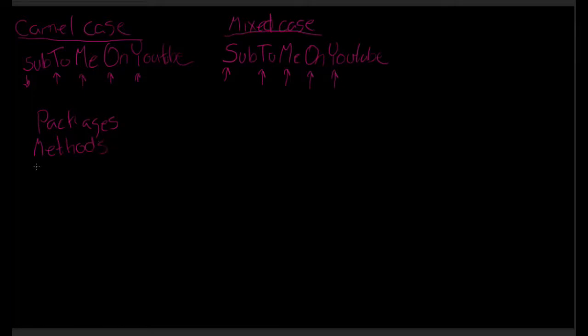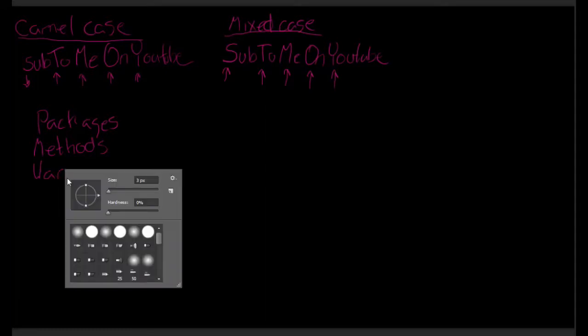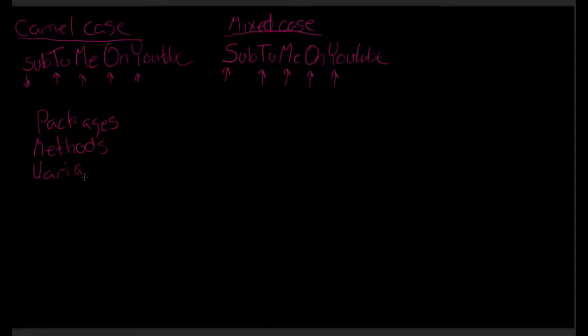We also use camel case with variables. And that is the ugliest V, it kind of looks like a W. So let's just erase that and hope I can make it look like a V. Variables. And those are pretty much it.